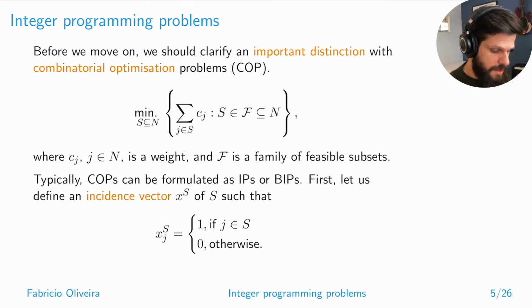They are used to represent whether an element belongs or doesn't belong to this subset S. So I can fully characterize one subset S by having this incidence vector, which is a collection of positions with 0, 1 values, where whenever it takes value 1, it means that the element belongs to the set, and 0 otherwise.